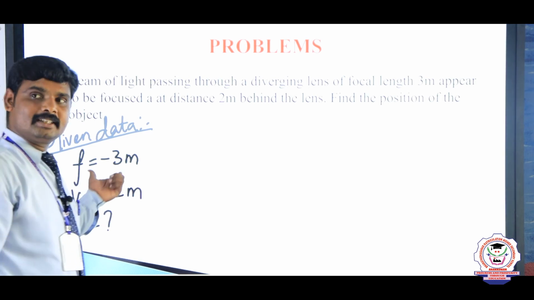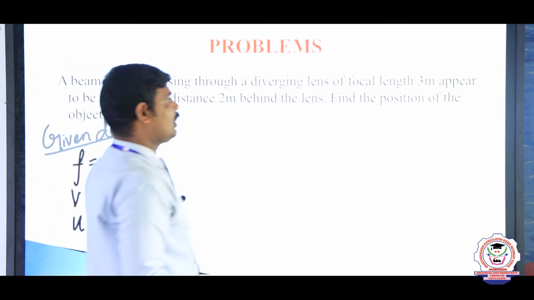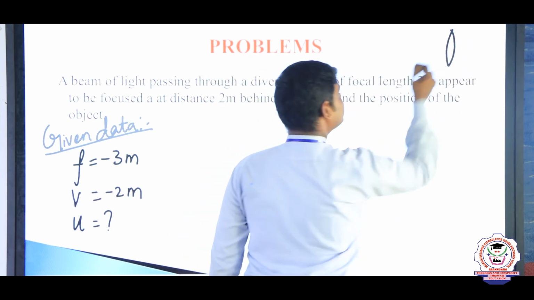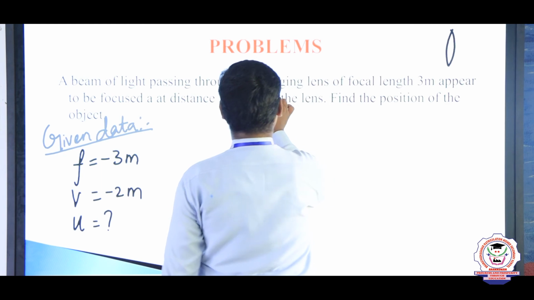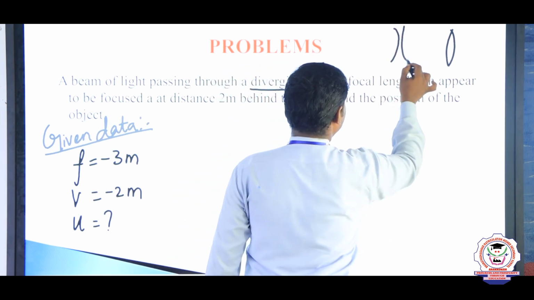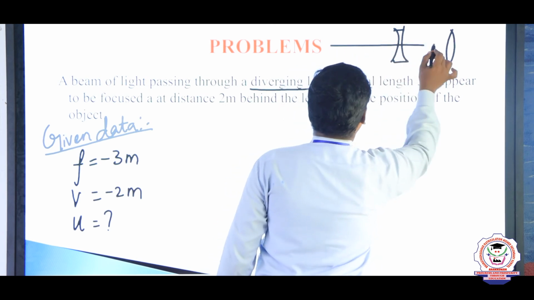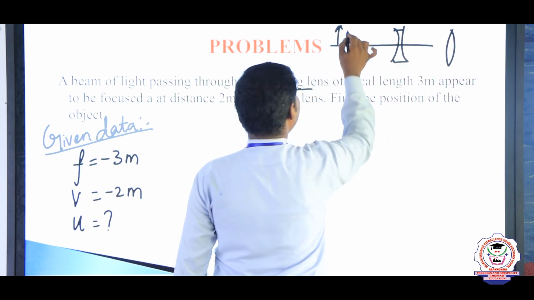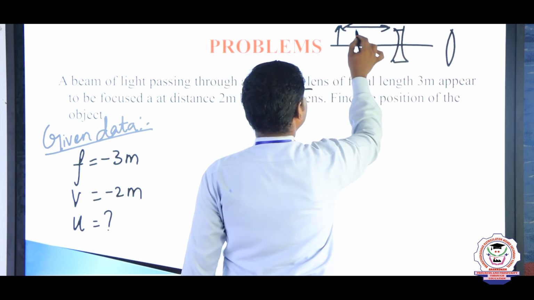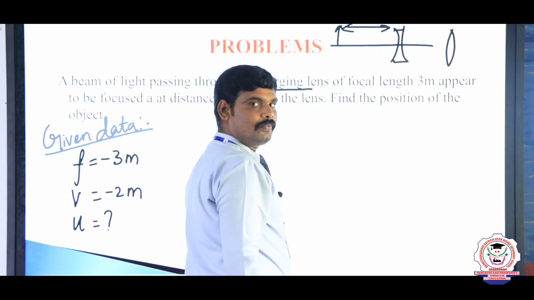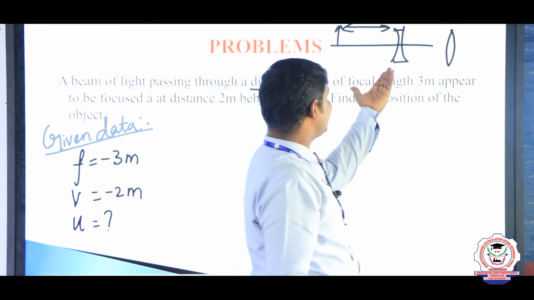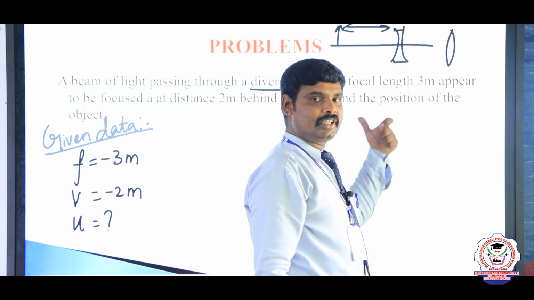Why are we taking these negative values? See, already I said, here a diverging lens is given. The object is placed on the left side of this lens. If you place it on the left side, we have to take negative. And if the image is formed on the same side of the lens, you should take negative.